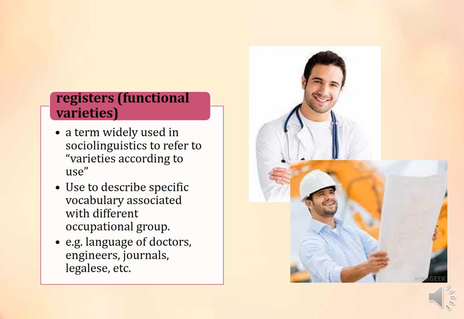One word can have different associations and different meanings, and the same language can be interpreted differently. Actually, it's a functional variety of a language. Registers are the functional varieties of any language that are utilized and implemented by different professions.